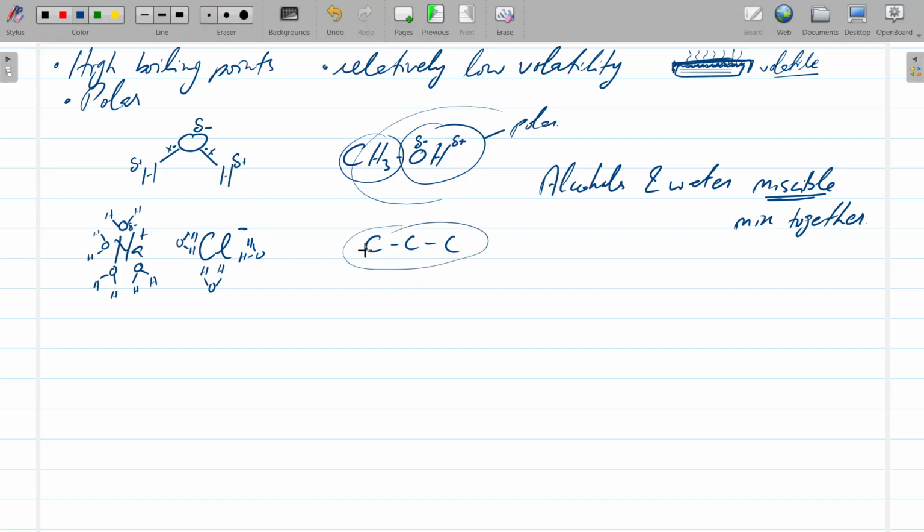So we know that it's not going to mix with water, because to mix with water you need some sort of charge. So that's not happening, but it will mix with the alcohol because it's organic as well, right? And so these guys are organic solvents. Does that make sense?